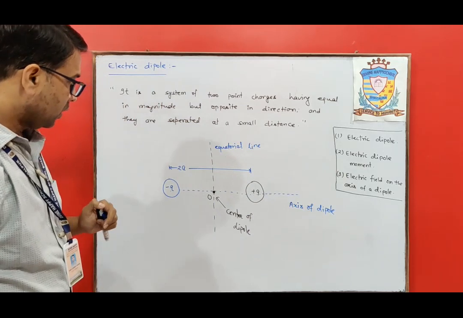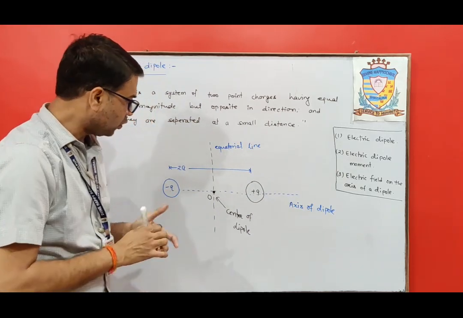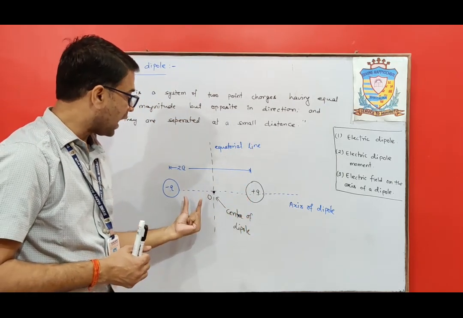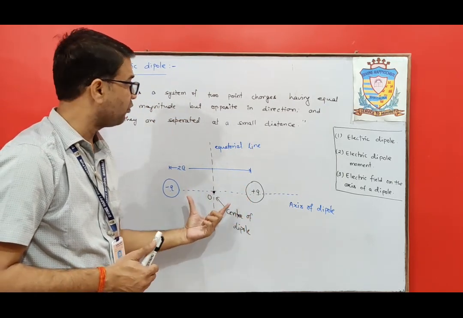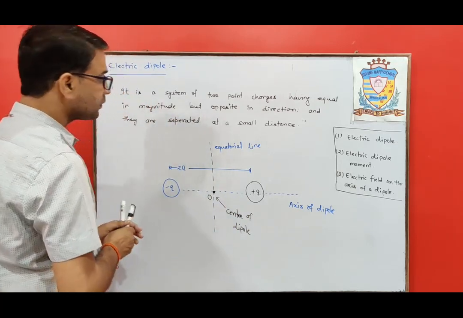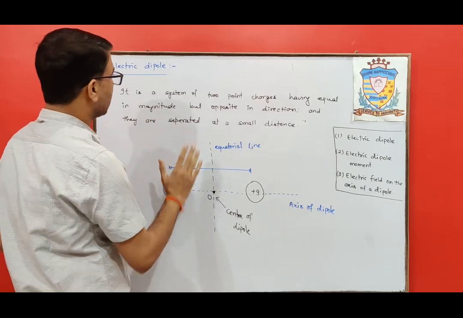So, if two equal and opposite charges are placed at a finite distance, they form an electric dipole. Clear? So this is the arrangement for electric dipole.